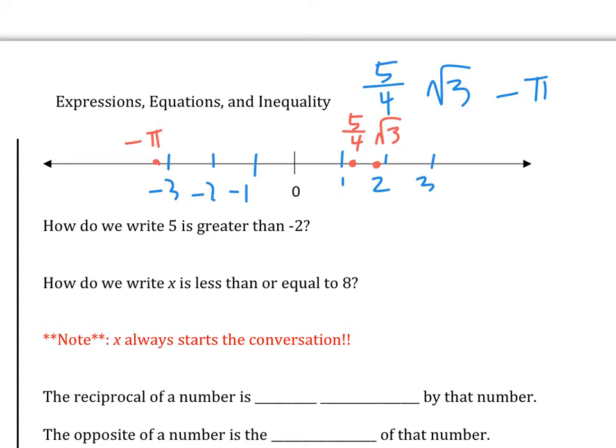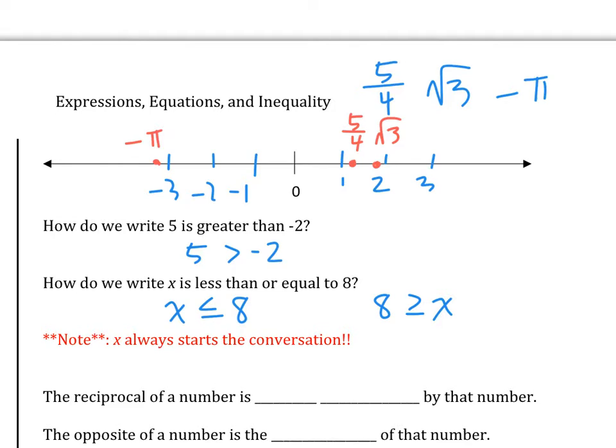All right, how do you write 5 is greater than -2? Yes, so 5 is greater than -2. What about x is less than or equal to 8? Yeah, x is less than or equal to 8. Now let me ask you another question. Can you write it like this? Does it mean the same thing?